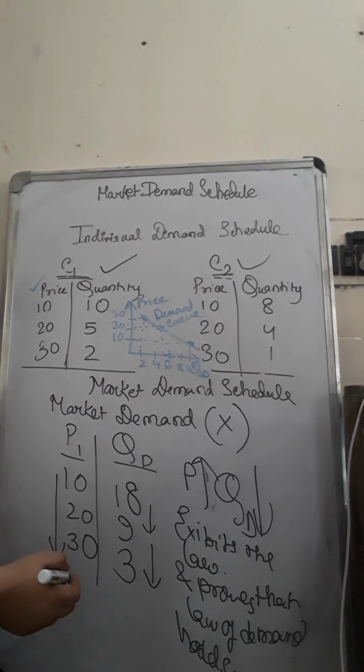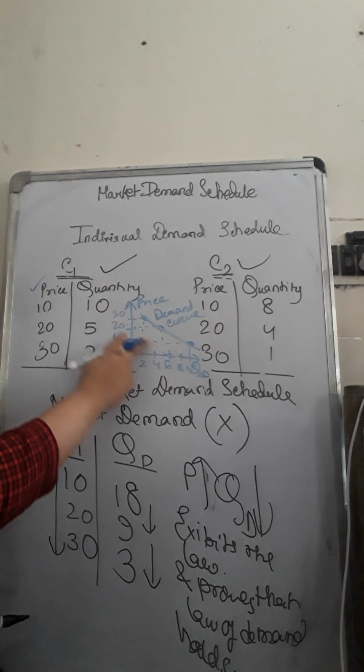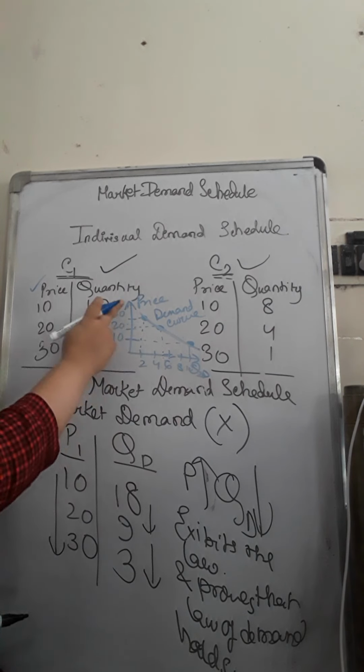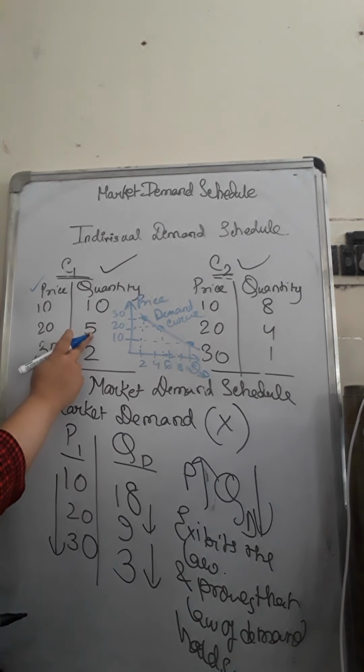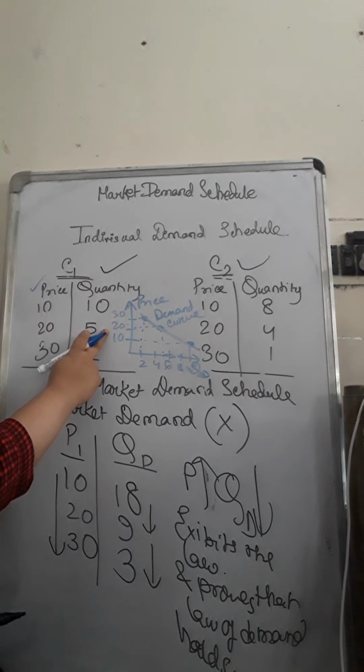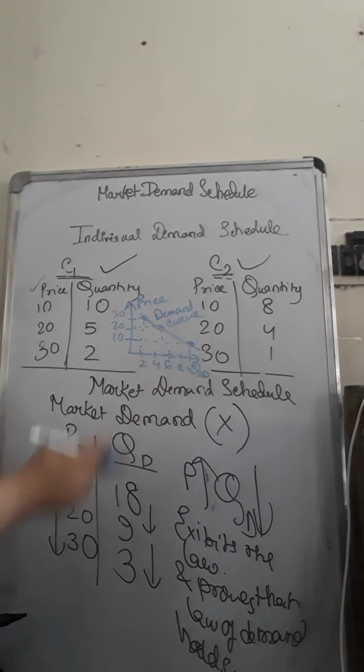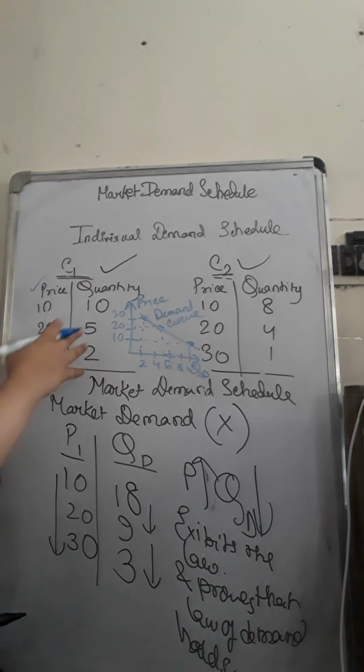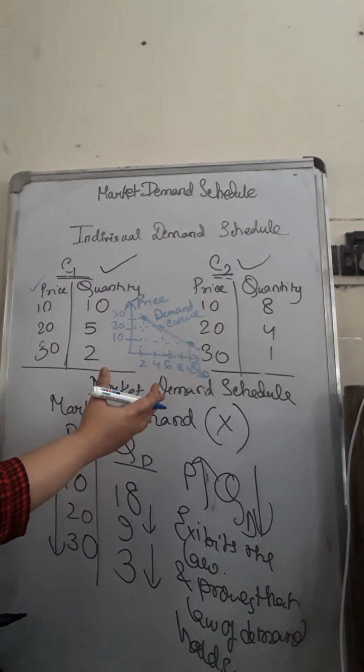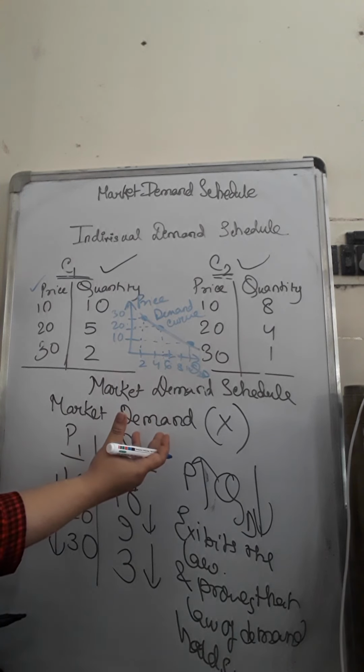So how will you get the demand curve for this individual consumer? The demand curve is basically a graphical representation, a graph showing the relation between price on one axis and quantity on the other. It is no longer a tabular representation, it becomes a graphical representation.